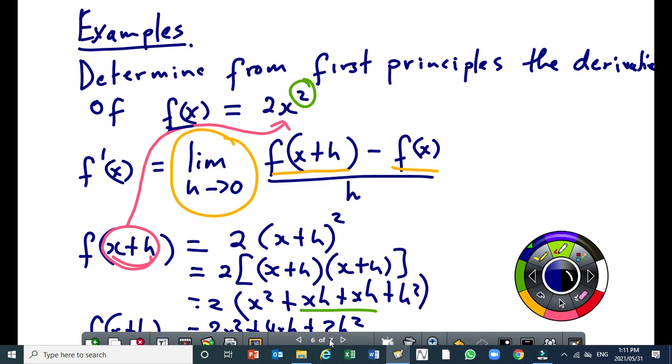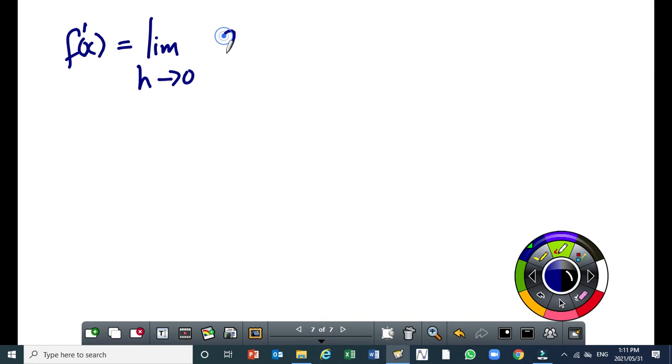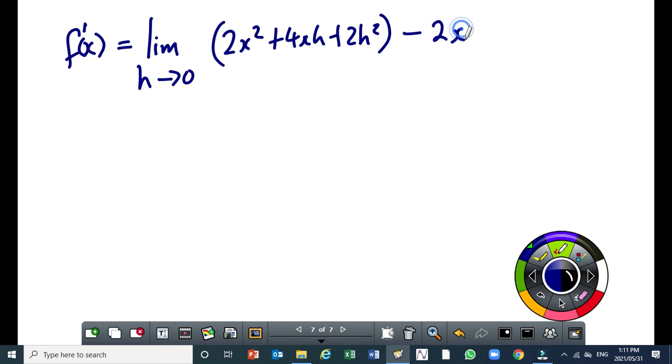So you get 2x squared plus 4xh plus 2h squared, that's the value of f of x plus h, minus f of x, which is equal to 2x squared, all over h. Your knowledge of function notation is very important.